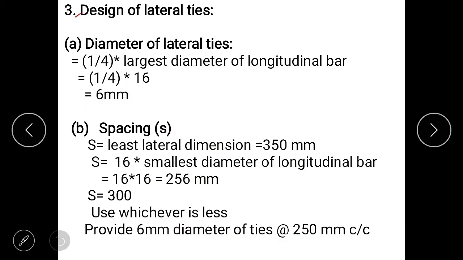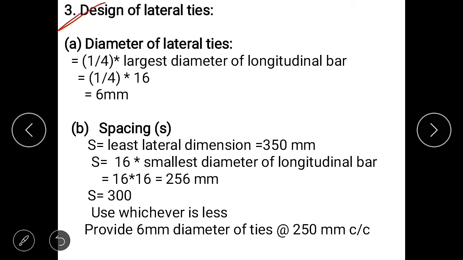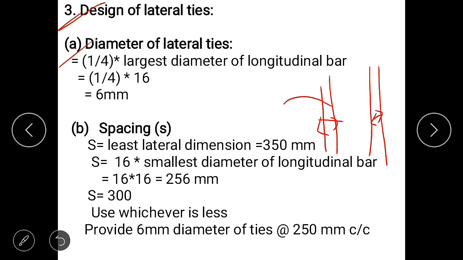Now we have to design the lateral ties. The first step in the design of lateral ties is the diameter of lateral ties. What are lateral ties? This is the column cover, and this is a longitudinal bar.